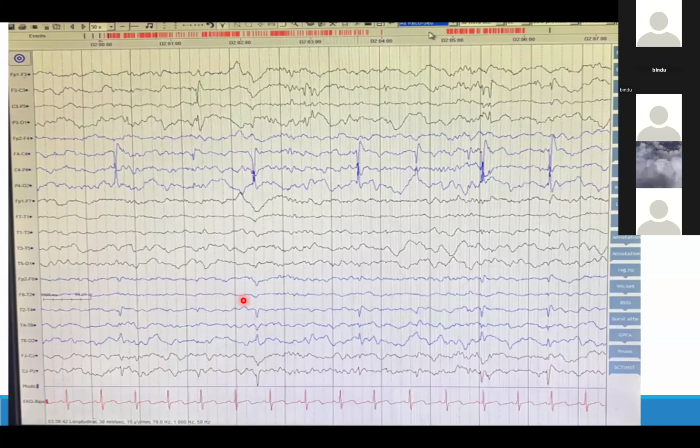This EEG was recorded in sleep, in bipolar montage, showing centroparietal spikes with frontal positivity.